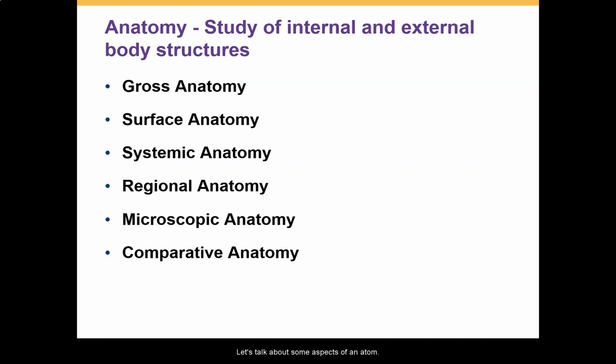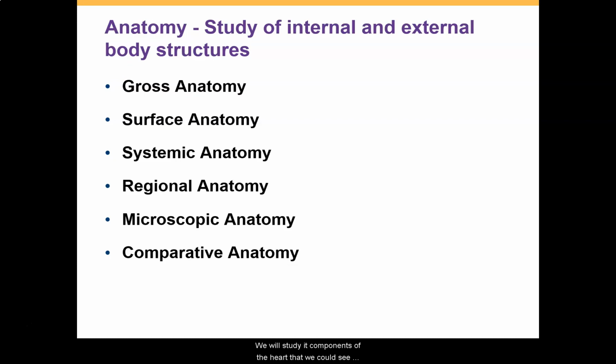Let's talk about some aspects of anatomy. Let's begin with gross anatomy. Gross anatomy is all about, if we can see it, we will study it. If you can see it with your bare eye or naked eye, we will study it. For example, components of the lung that we can see, we will study.